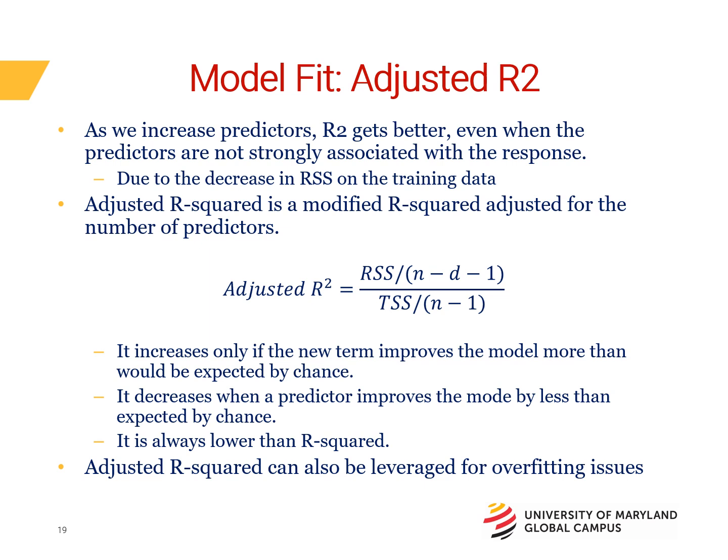Okay, if all of the variables in the model are truly correlated, then the R-squared is effectively the same as the adjusted R-squared. And adjusted R-squared can also be leveraged for overfitting issues, which we haven't discussed yet, which we will study in subsequent units.